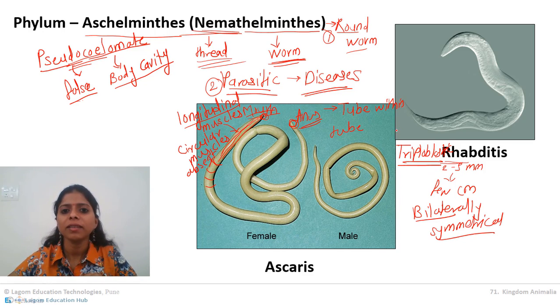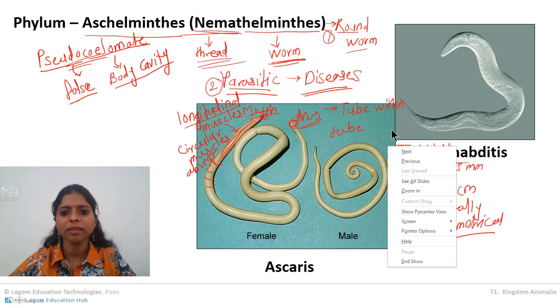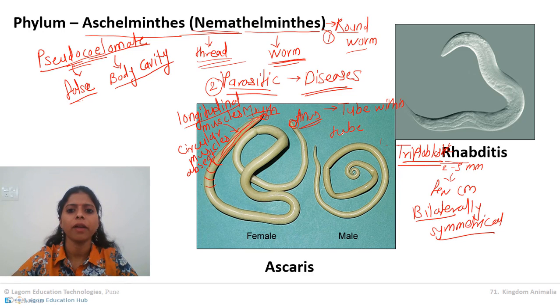The next characteristic is that they are triploblastic, then pseudocoelomate. After that, remember they are bilaterally symmetrical and small-sized worms, 2 to 3 millimeters, which can grow into a few centimeters. Now let us talk more about their outer covering.